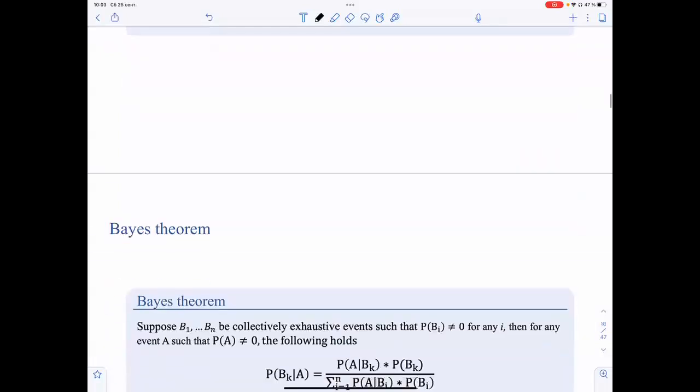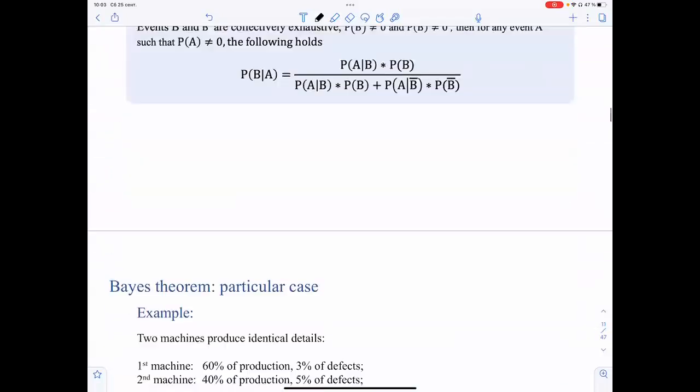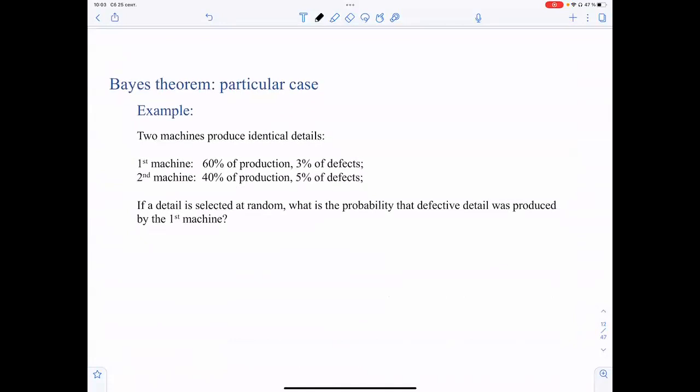And actually, this was the method that we applied in order to solve this problem. But here I had 2 options. So basically, 2 machines could be operating the details instead of many of them.